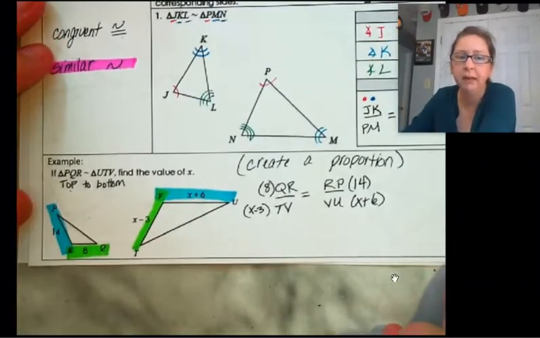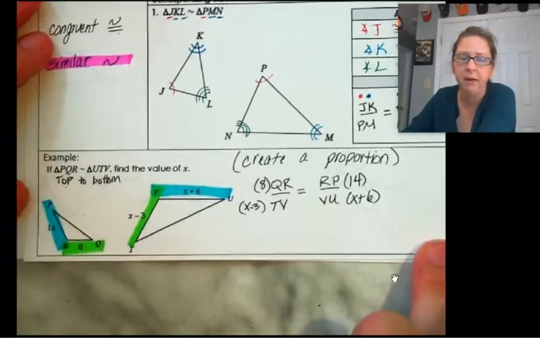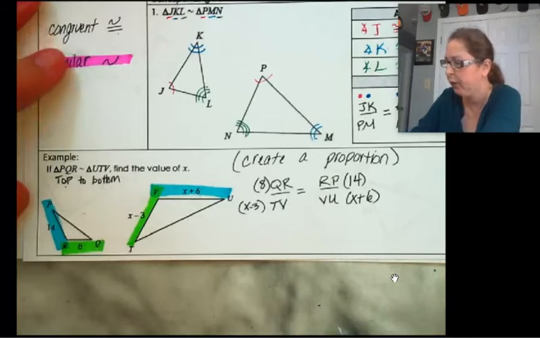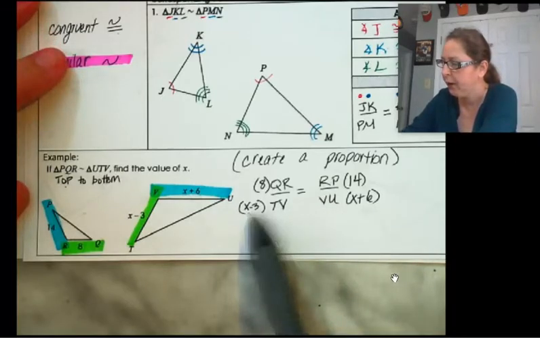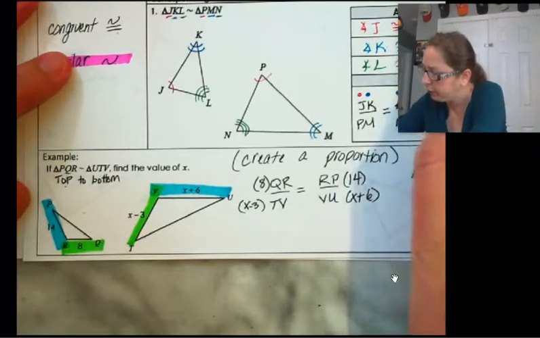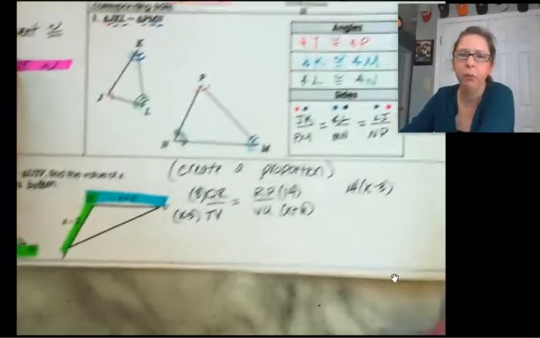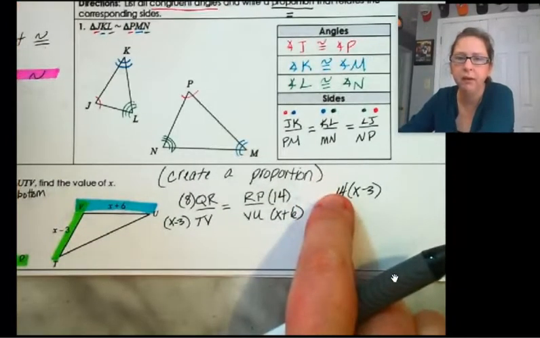So I've set this up. And now I'm going to do it just like I've done it in the past. We are going to cross multiply. Okay, so X minus 3 times 14. I just switched this around so that the 14 is in the front because that's what I'm going to be distributing.